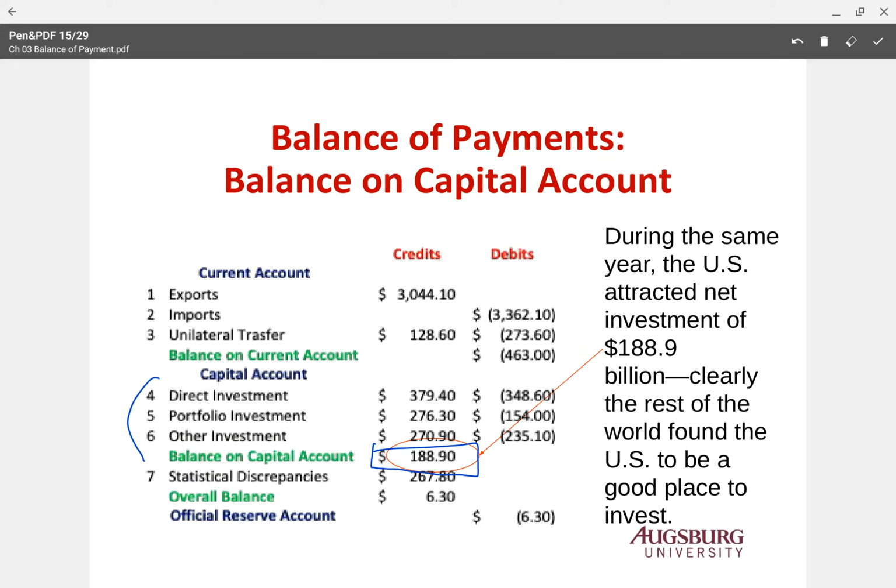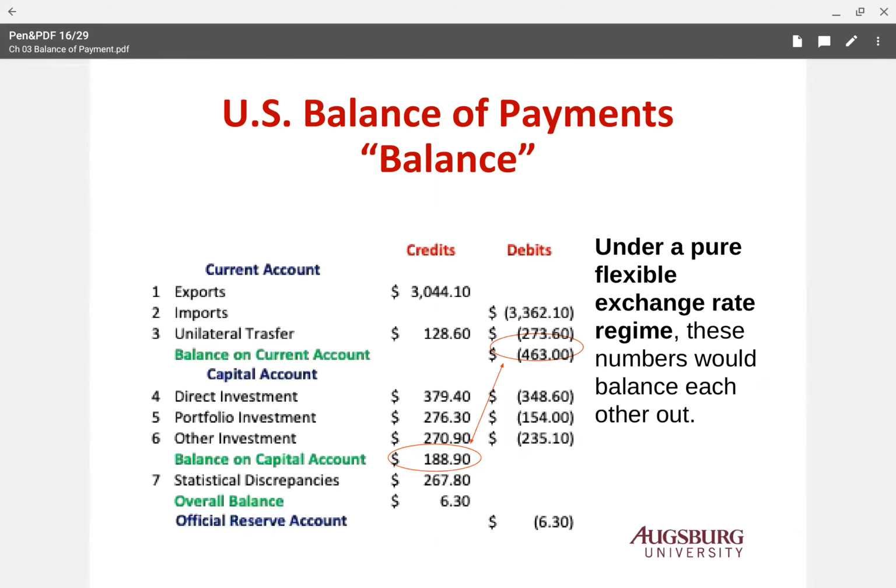It means that clearly the rest of the world found the US to be a good place to invest. Now, under a pure flexible exchange rate regime, these two numbers should match.